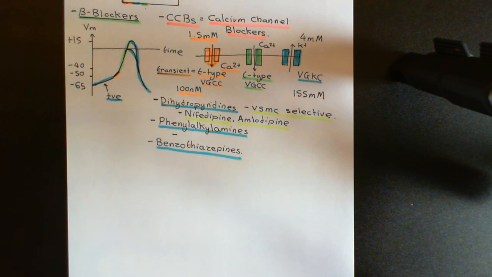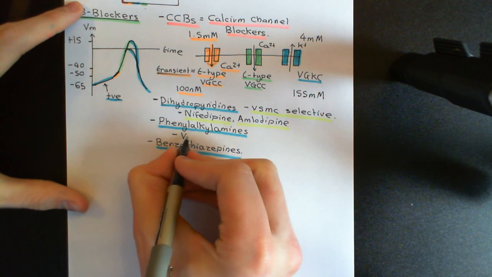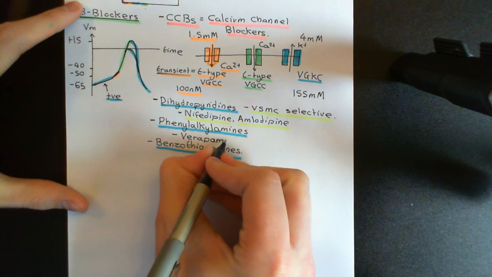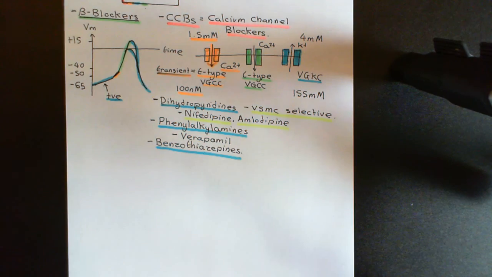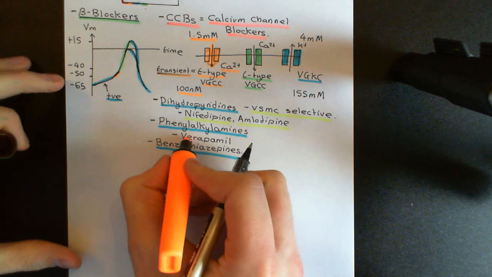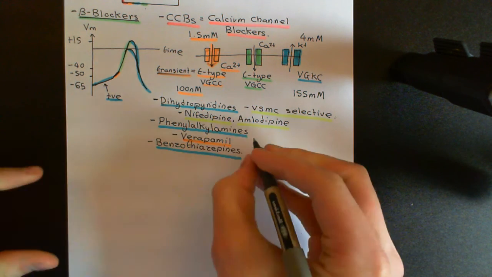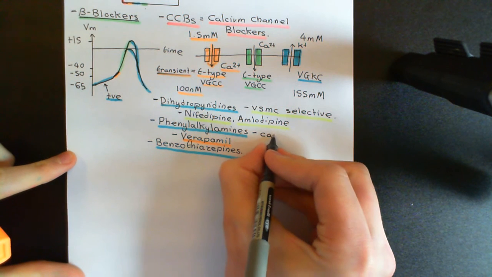The phenylalkylamines and the benzodiazepines are the types of L-type voltage-gated calcium channel blockers that we're actually going to use as antiarrhythmic drugs, because they're going to block well the L-type voltage-gated calcium channels in the heart. The main example of a phenylalkylamine is the famous drug verapamil. The phenylalkylamine class of blockers are said to be cardiac selective.